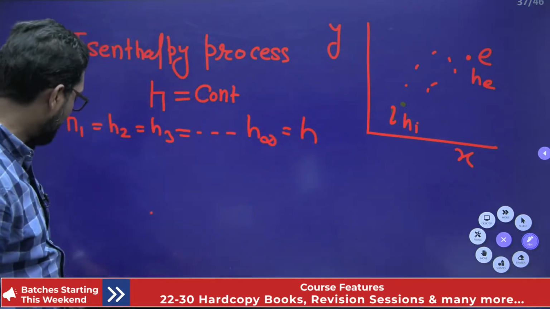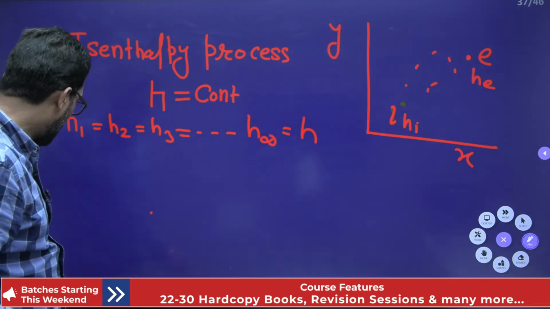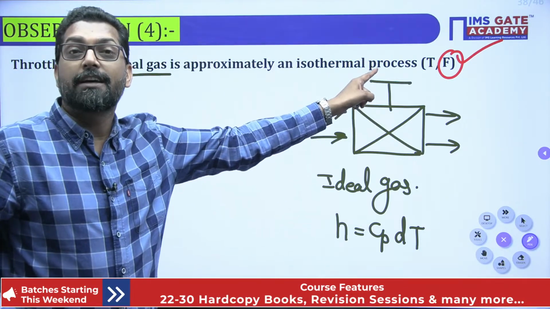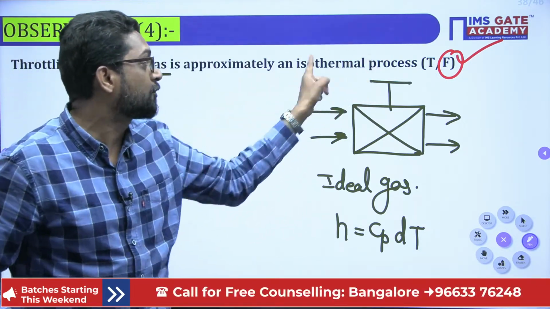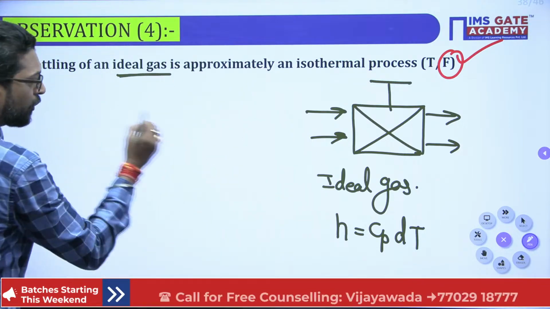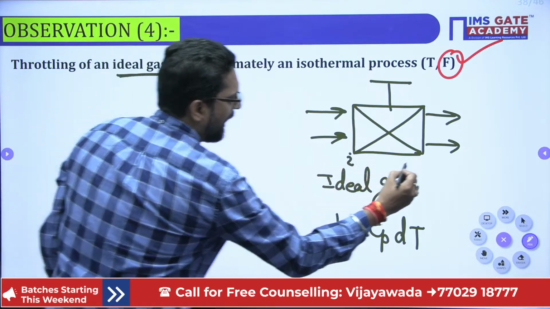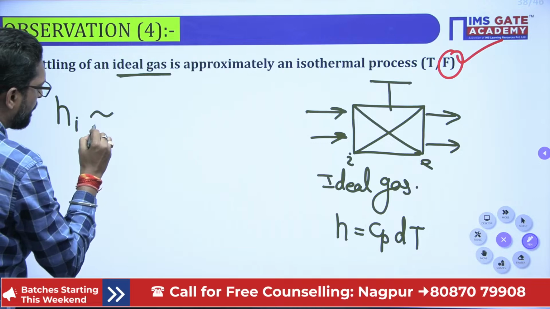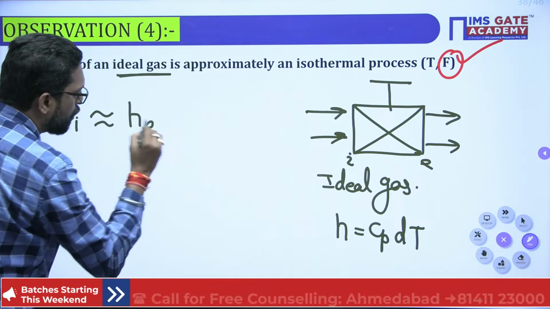If it were necessary, then you could say that throttling of an ideal gas is isothermal. No. What we know is that this is I and this is E. That means Hi is approximately He, yes or not?